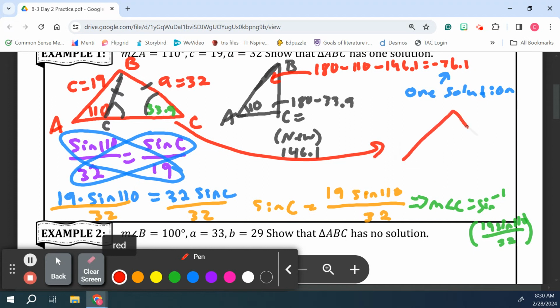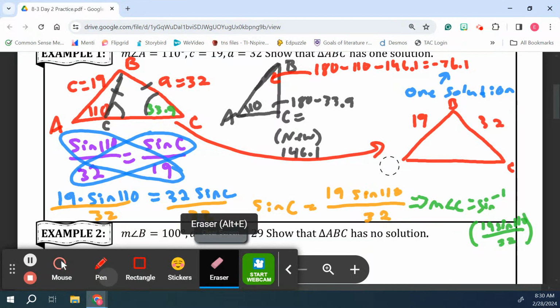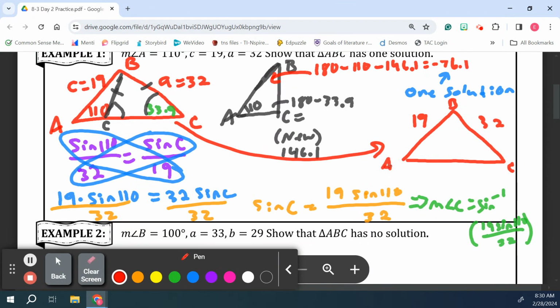I'm just going to redraw this for simplicity. So here's 19, here's C, here's B, here's A is 32, and, oops, sorry, I actually put C there. I didn't mean to put C there. We have the angles 110, 33.9, and what we need is angle B now. What's angle B?